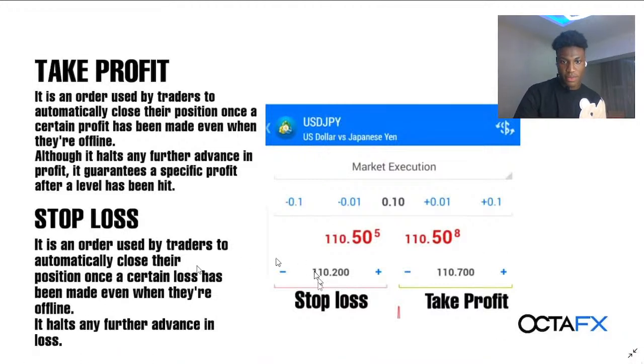Stop loss is the same order, but you're telling your broker that, okay, I've hopped on the buy, but if the market wants to go against me, I don't want to lose more than 30 pips. So you subtract 30 pips from your entry point. Remember, to subtract from JPY pairs, you calculate from the second digit after the decimal point, right?